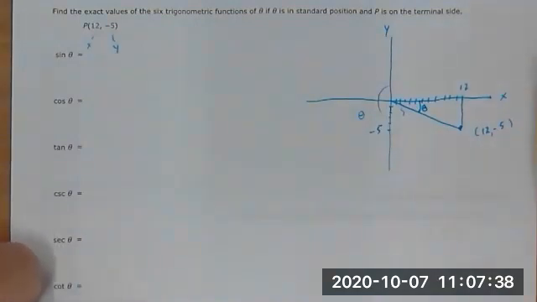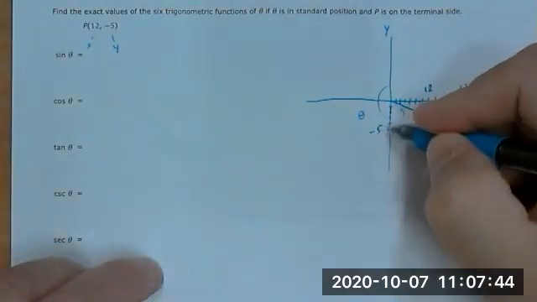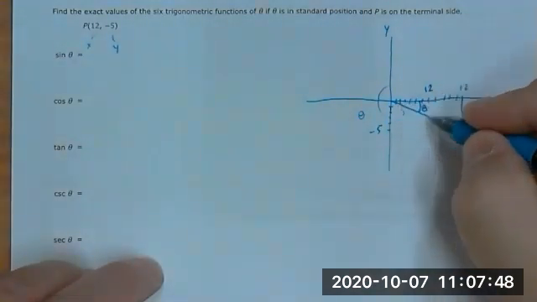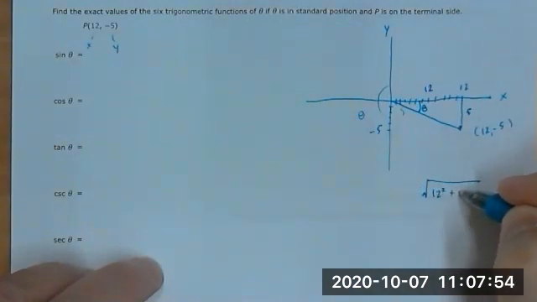and I know how to apply my trig functions to a right triangle. So if I have a right triangle here, this distance is 12, this distance is 5. If I use the Pythagorean formula, I can figure out the hypotenuse distance.